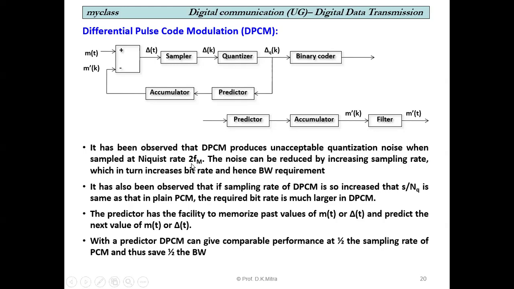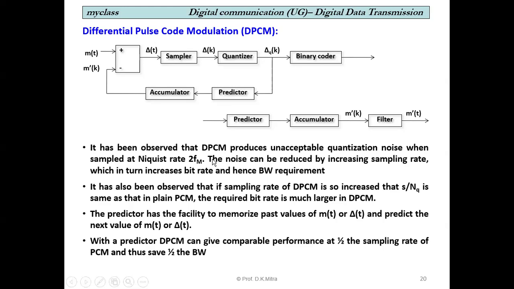Some of you who know MATLAB programming can simulate this in MATLAB and see that if the baseband signal is band limited to 10 kilohertz and you sample at the Nyquist rate of 10 multiplied by 2, that is 20 kilohertz, the quantization noise of DPCM will be very high. Very high. Forget about the mathematics behind it, it will be high.